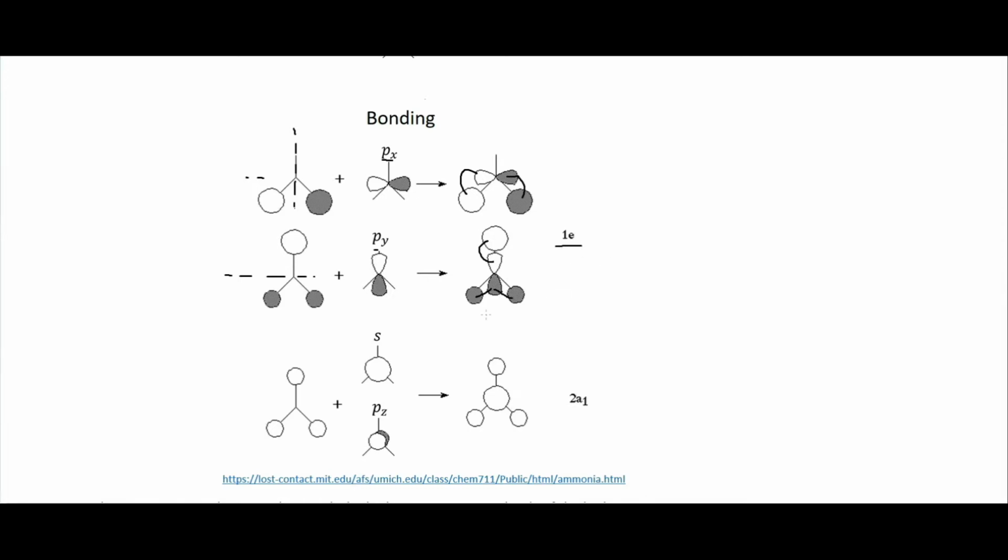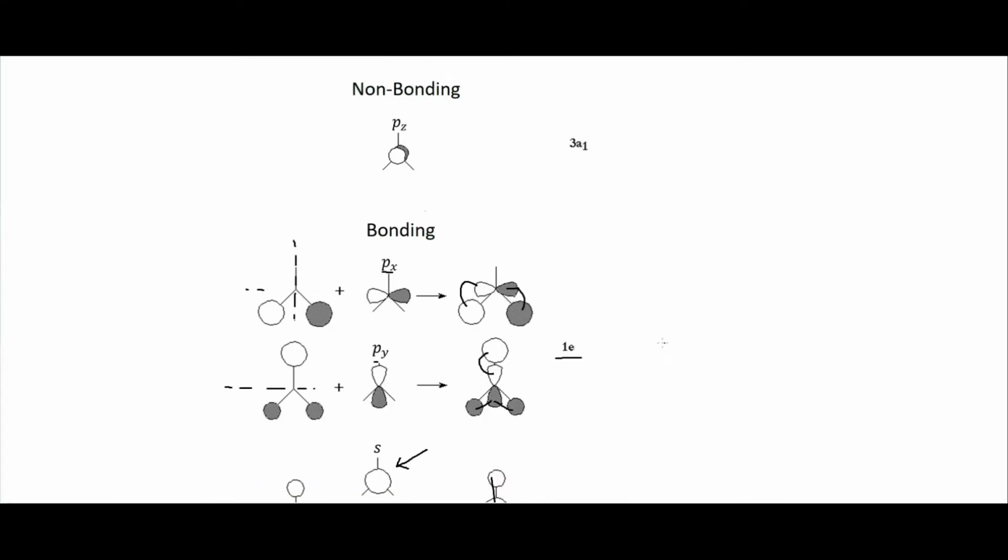And so that is the 1e bonding. Then when we have no nodes here, we have the s orbital like this and the z orbital like this. So we add those together and we get this, and we see how we have overlap going on between all those, and that's the 2A1.